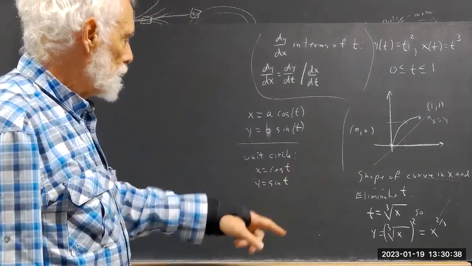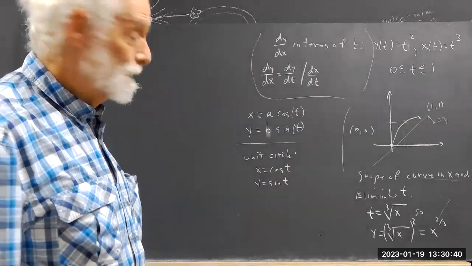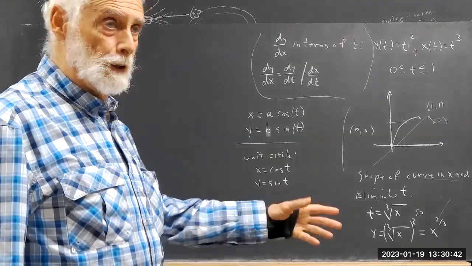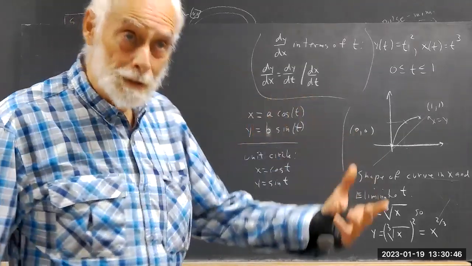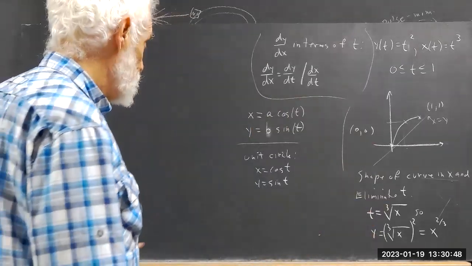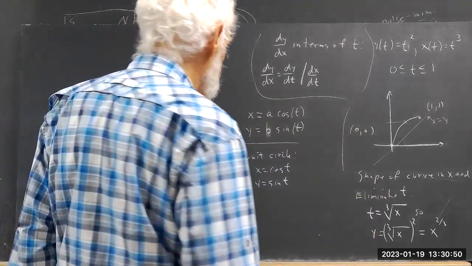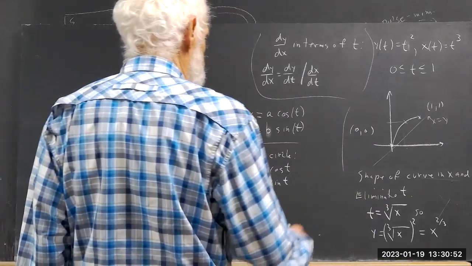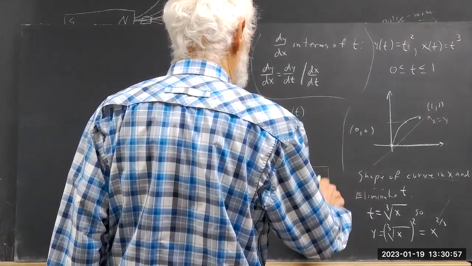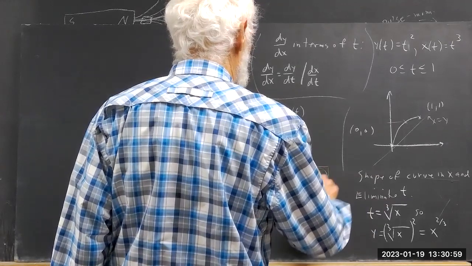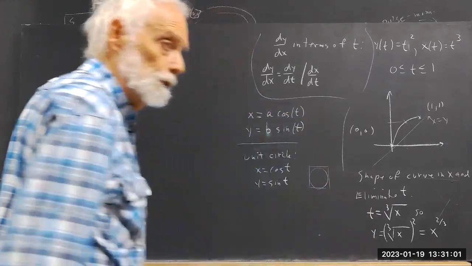X equals a cosine of something, y equals a sine of something. It doesn't even have to be t, it could be t squared or 2 pi t, whatever. But the parameterization of the unit circle is this, which means that we have a circle, right?